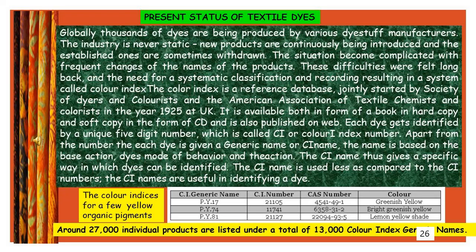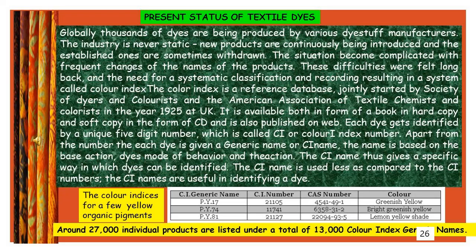The CI name thus gives a specific way in which a dye can be identified. The CI name is used less as compared to the CI numbers. The CI names are useful in identifying a dye.